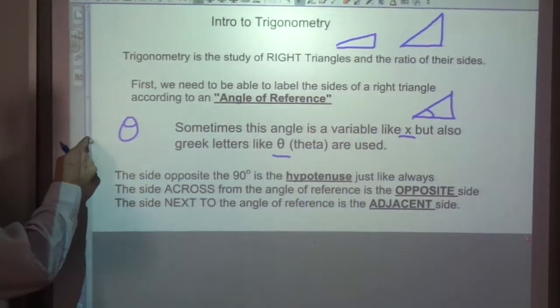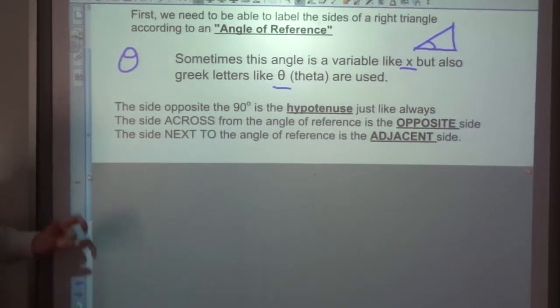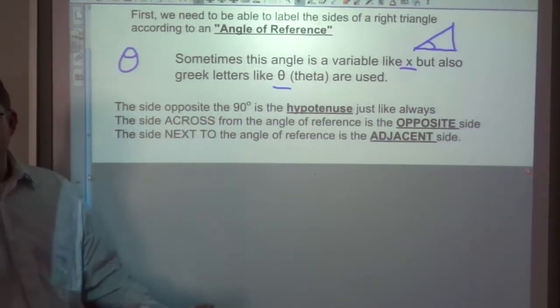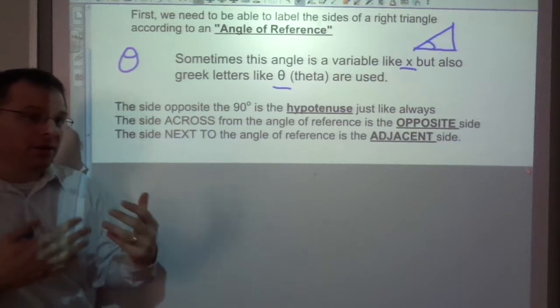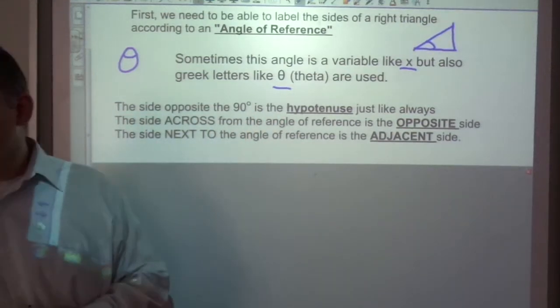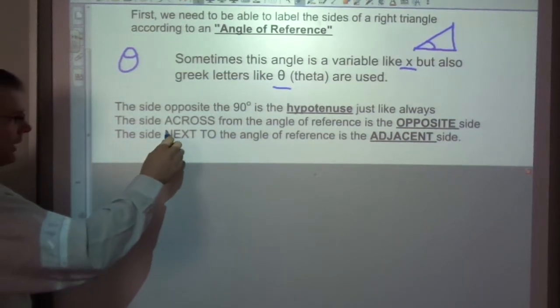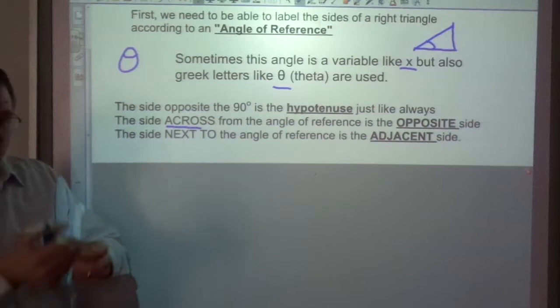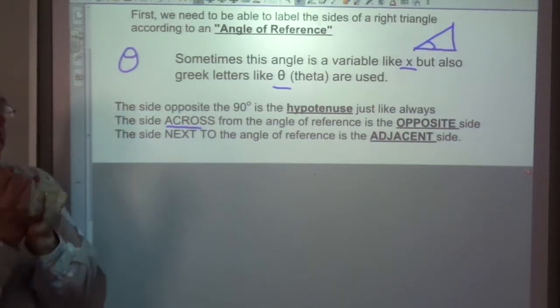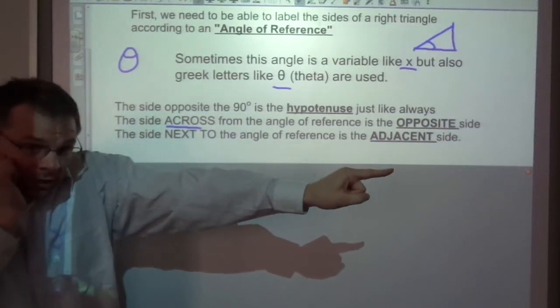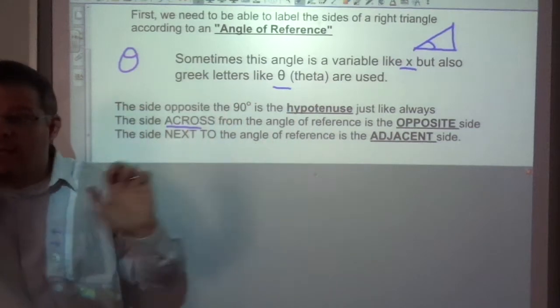And here's how we name them. The side that is opposite the 90 degrees, just like always in every right triangle, is the hypotenuse. You might want to pause this and get this down. The side across from the angle of reference: if I'm the angle of reference and I'm sitting here looking at the sides of the triangle, the one right across from me is called the opposite side.